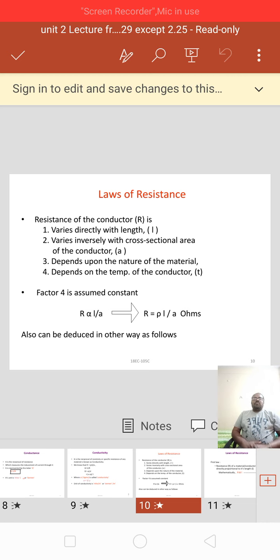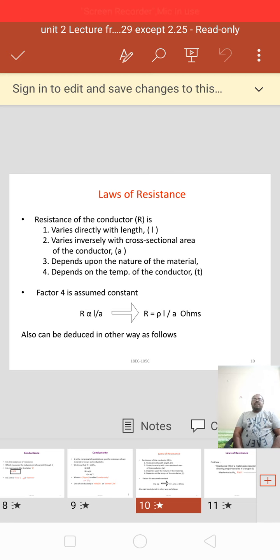Simply, laws of resistance are used to deduce the relation between R and rho, that is R equal to rho into L by A. For a specific length equal to 1 meter as well as the area of cross section 1 meter square, R equal to rho, that is resistance is equivalent to the specific resistance of the material.